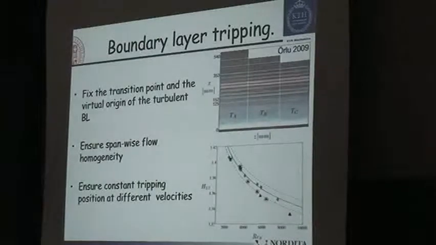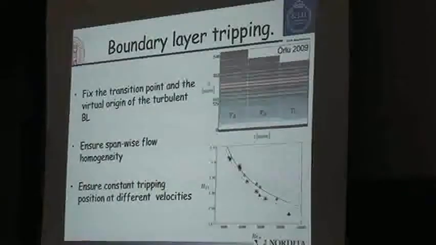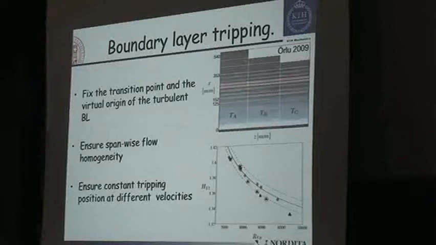The next thing is you have your flat plate, with your boundary layer developing on it. As you know, first you have a laminar boundary layer, then transition, and a turbulent boundary layer. As you saw yesterday with Henrik, the turbulent spots appear randomly in space if you have no control of them.